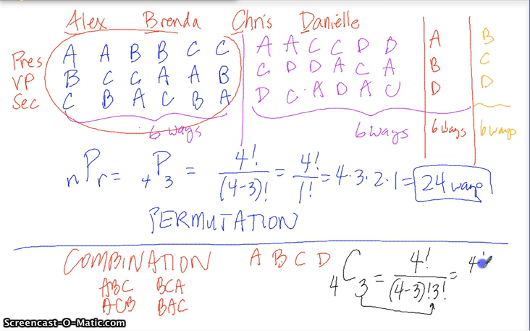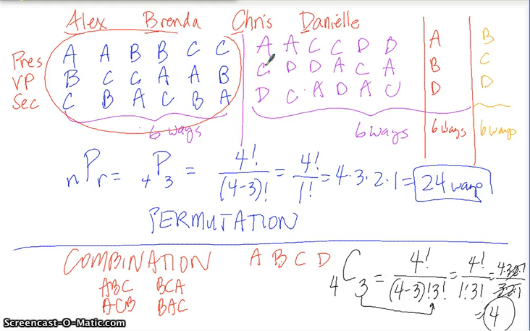So that becomes 4 factorial divided by 1 factorial times 3 factorial. Well, that's 4 times 3 times 2 times 1 divided by 3 times 2 times 1. These all cancel. So as I just said, this 24 ways shrinks down to only 4 different ways because these 6 combinations are really just equivalent to the same original group of 3.